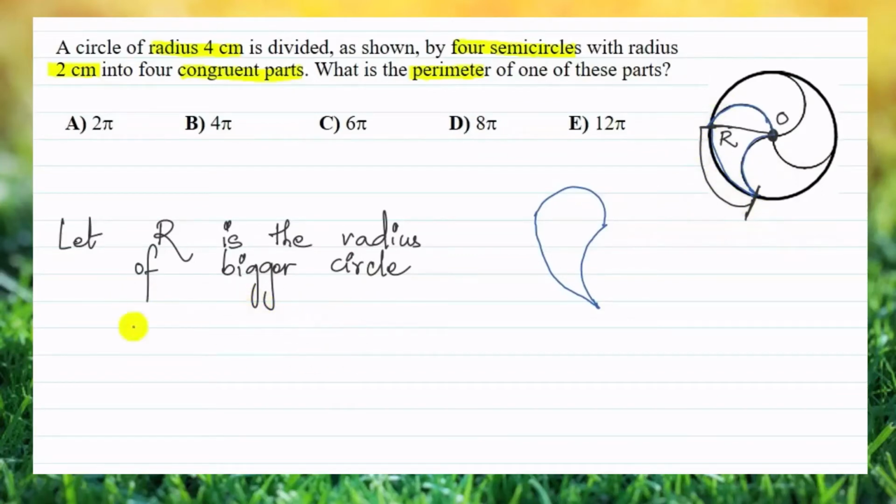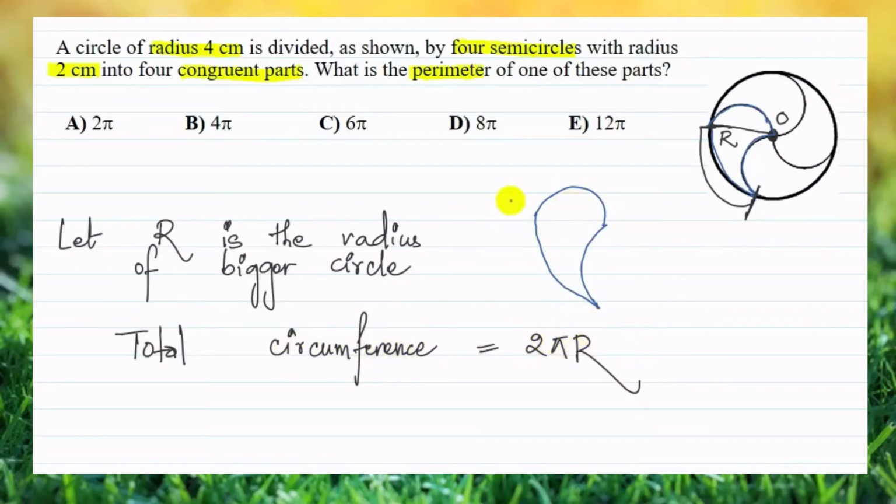The total circumference is 2 pi r. Let us name this region ABC.